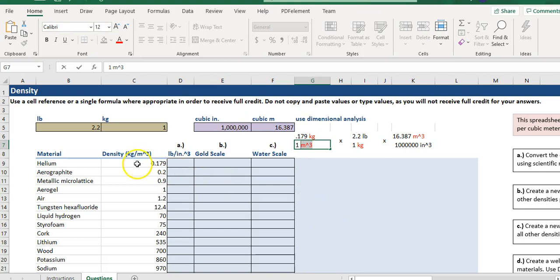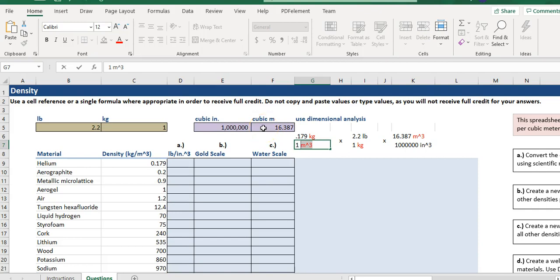So what they're giving us here is helium, and they're saying that helium has a density of 0.179 kilograms per cubic meter, and we want to convert this into pounds per cubic inch. So we've got some conversions up here. One of them converts from pounds to kilograms, and the other one converts from cubic inches to cubic meters.